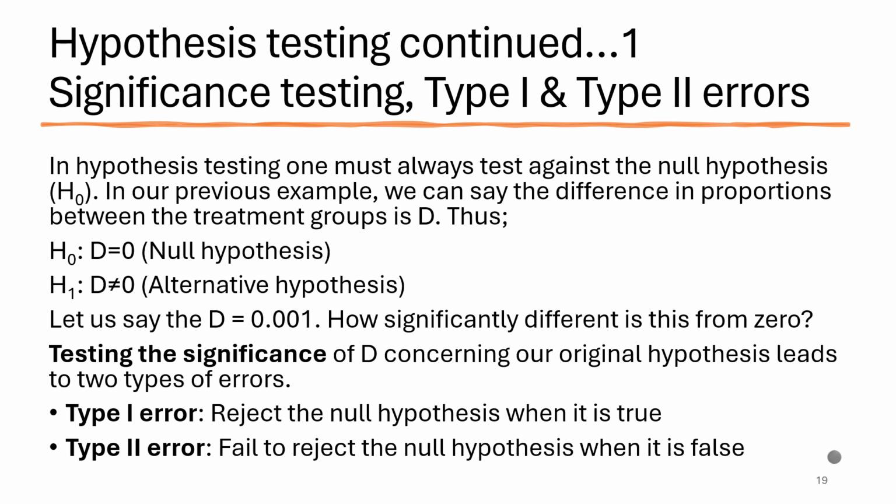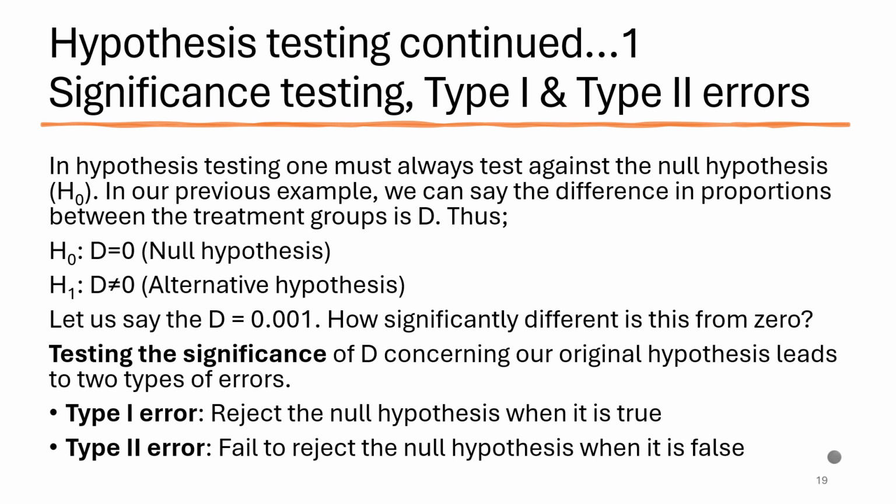So in hypothesis testing, one must always test against a null hypothesis, right? H naught. In our previous example, we can see that the difference in proportions between the treatment groups is D, if we assume that that's it. Then our null hypothesis, which is H naught, is that D is equal to 0, right?